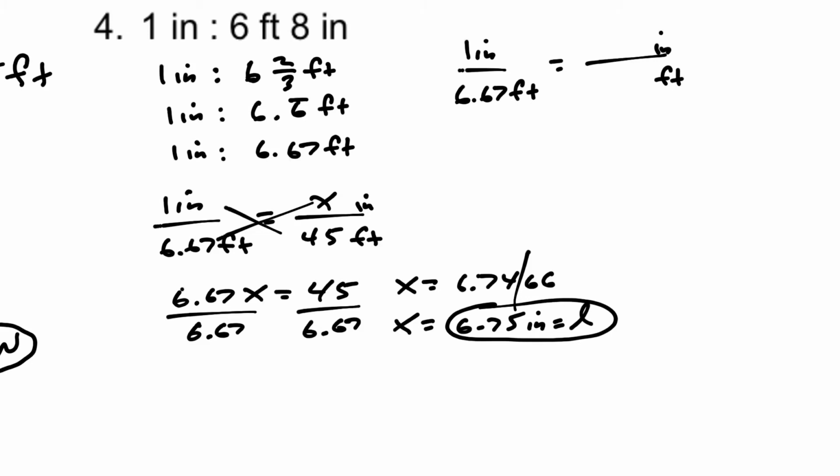And this time we're going to have a width of 28 feet, and we're going to have X inches on the top. Let's set our cross products equal again. So we're going to have 6.67 times X is going to equal 1 times 28. Then we're going to divide both sides by 6.67.